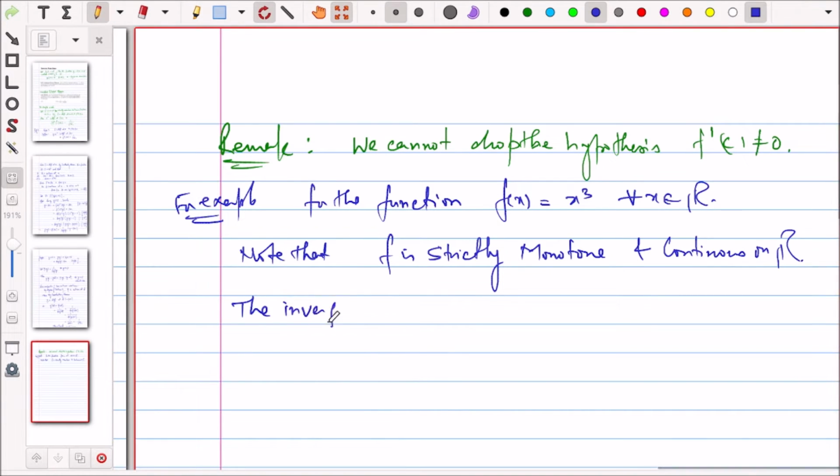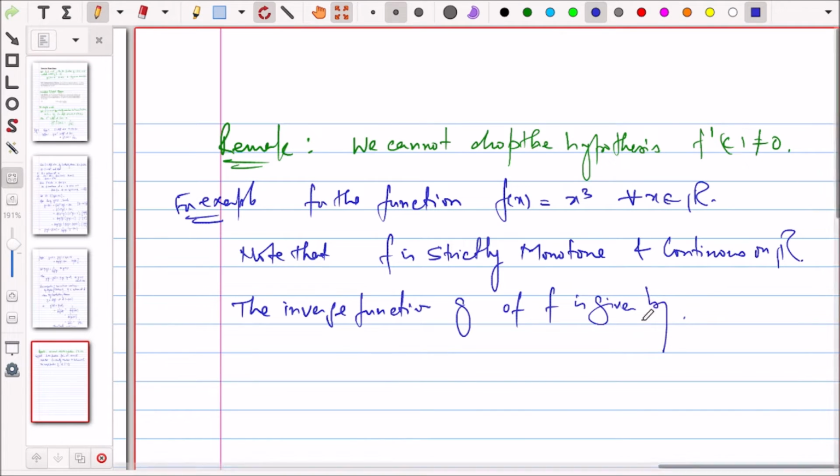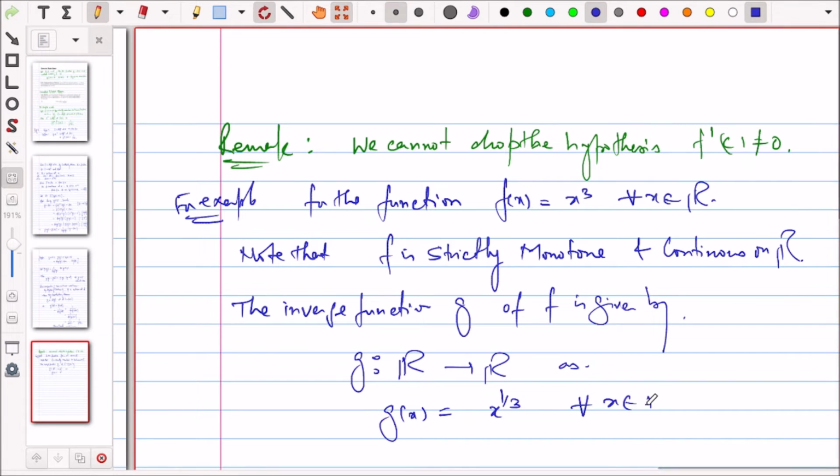The inverse function g will also be a function from R to R, since its range also comes out to be R. So what will gx be? Yes, x to the power 1/3 for all x belonging to R.